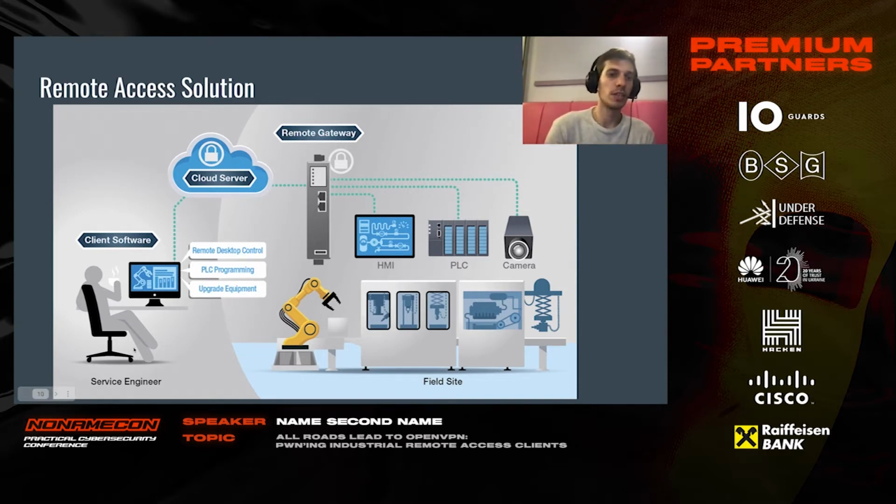You can see here the engineer working from home, and they need access. For this, in our example, we're using Rachel. Rachel needs access from her home to the factory, where she can control the PLCs, HMIs, and other devices on the industrial network. To do that, she's using a VPN service or a remote access solution.